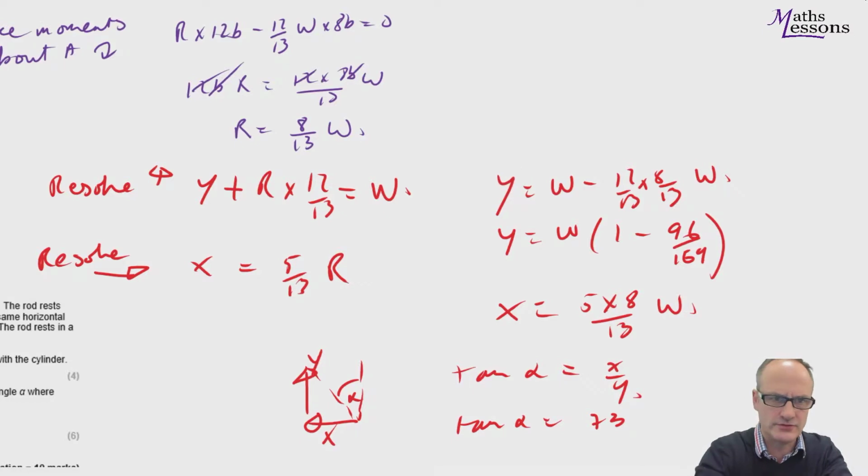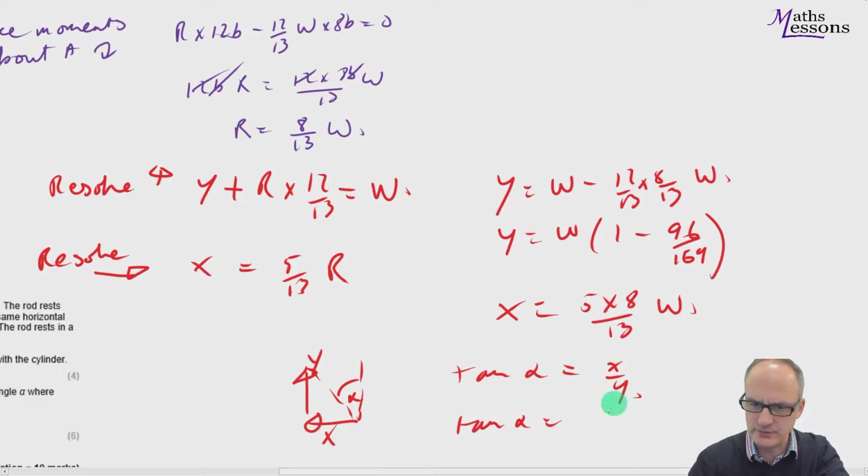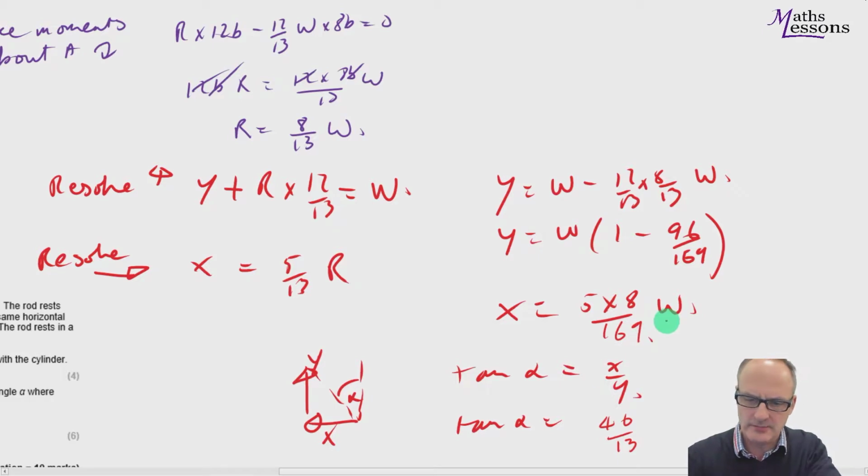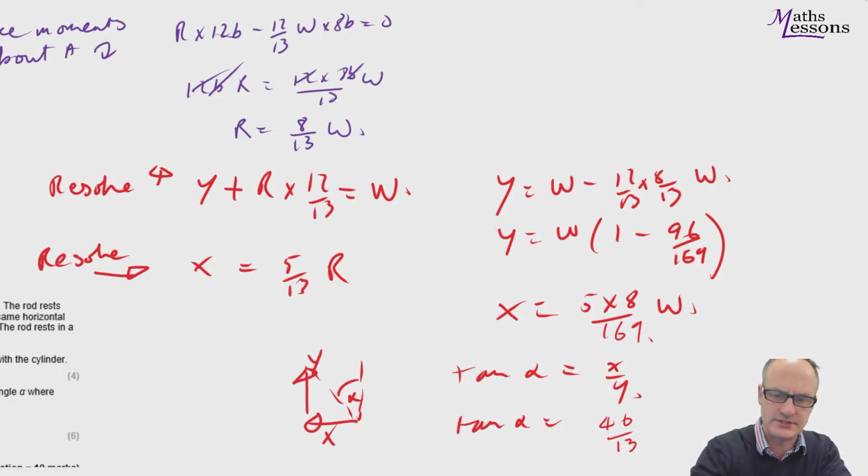Oh, so I'm going to do it the right way around. Let's do the X first. Apologies. So my X bit is going to be 40. Sorry, I've made a mistake here. So I've got 5 over 13 times 8 over 13, so that should be over 169 as well back here. Sorry about that. So I've got 40 over 169 here.